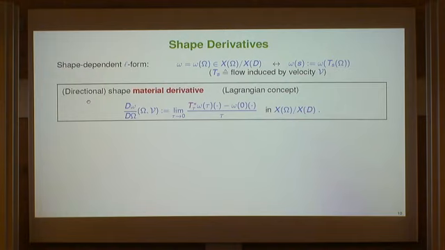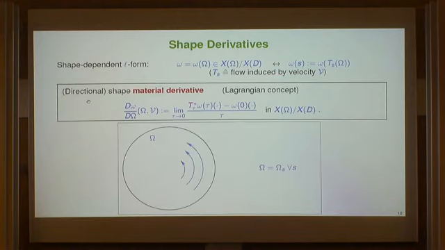And now we want to track its variation under the variation of shape. And the first candidate for doing this would be something that we have already seen, the material derivative. Does the material derivative work? This is the definition of the material derivative. But unfortunately, it does not work.